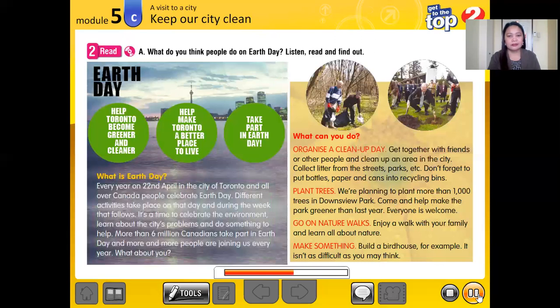What about you? What can you do? Organise a clean-up day. Get together with friends or other people and clean up an area in the city. Collect litter from the streets, parks, etc. Don't forget to put bottles, paper and cans into recycling bins. Plant trees. We're planning to plant more than 1,000 trees in Downsview Park. Come and help make the park greener than last year. Everyone is welcome. Go on nature walks. Enjoy a walk with your family and learn all about nature. Make something. Build a birdhouse, for example. It isn't as difficult as you may think.